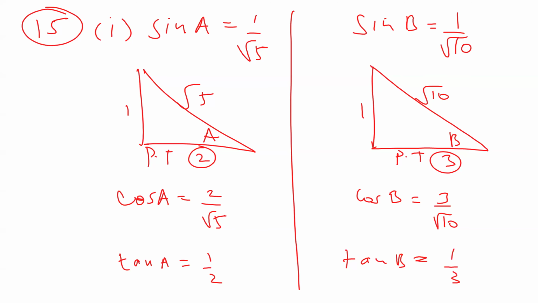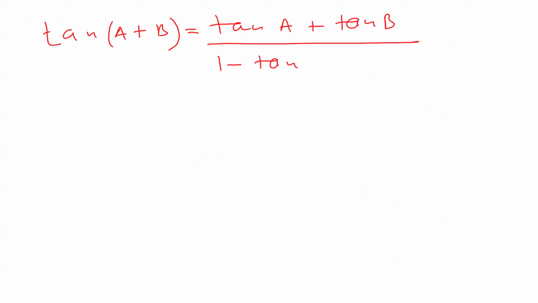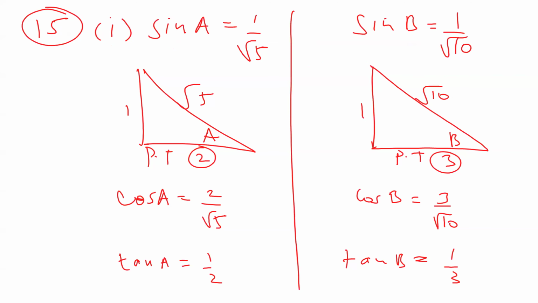So now see, let's calculate tan A plus B. You can also go ahead with sin A plus B or cos A plus B. I'm preferring tan A plus B. So tan A plus tan B upon 1 minus tan A tan B. Tan A is, we calculated the value, half, and tan B is 1 by 3.